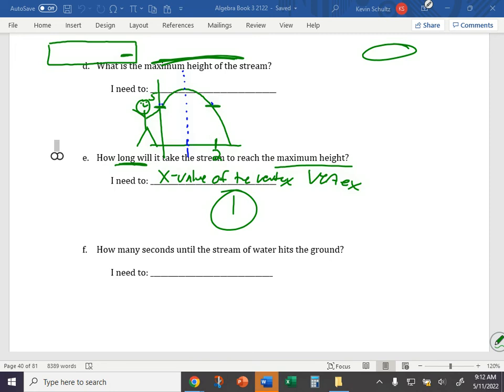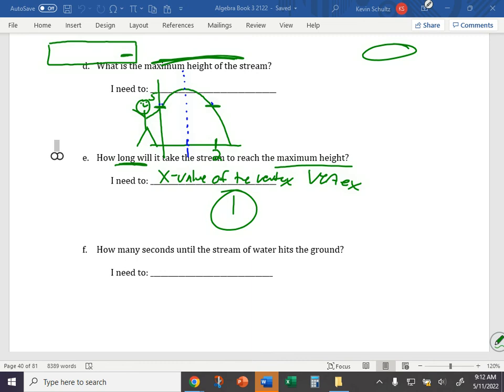We already got that based on the axis of symmetry and by plugging in negative b over 2a. Yes? Wouldn't that more technically be the axis of symmetry? It's the same thing though, right? The x value of the vertex is the axis of symmetry, so it's one and the same.